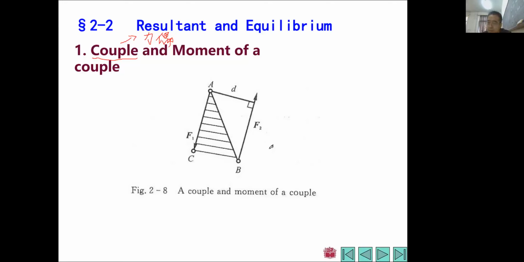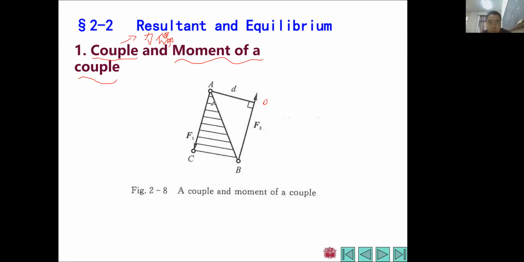If we see this line AC is the action line of F1, and maybe BD is the action line of F2, this AC and this BD are always parallel to each other. That is the characteristic of a couple. We call that 利偶. And then we have another very important concept, the moment of couple.